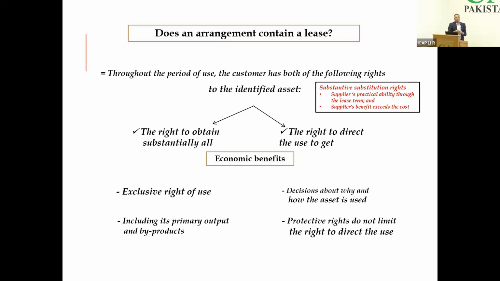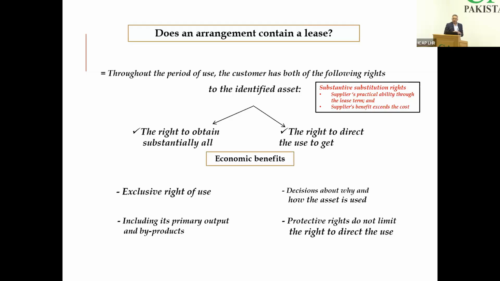Sometimes under the contract the asset is delivered to the lessee, and sometimes the asset remains with the lessor, but the lessee has the right to direct what, when, and how to use. So that contract will also be a lease. Like in case of satellites, fiber optic, and IPPs, we have these types of contracts under which the lessor can have the possession of the asset, but the right to use the asset rests with the lessee.